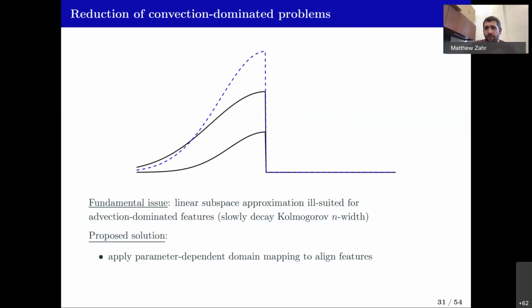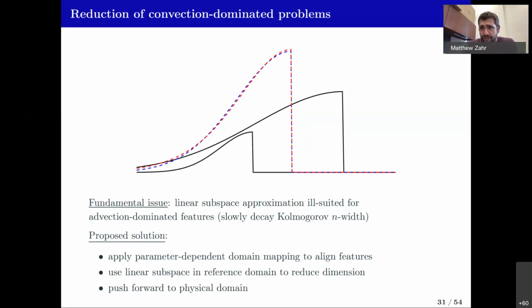In this domain, there is no convection-dominated nature of the solution. We've removed that. So now we approximate the shock using these basis functions, and it's not moving. Everything's in the right spot, and then we just push it back to where it was in the physical domain. That's the idea behind the approach, and that's how it connects to what we did with implicit shock tracking for DG.